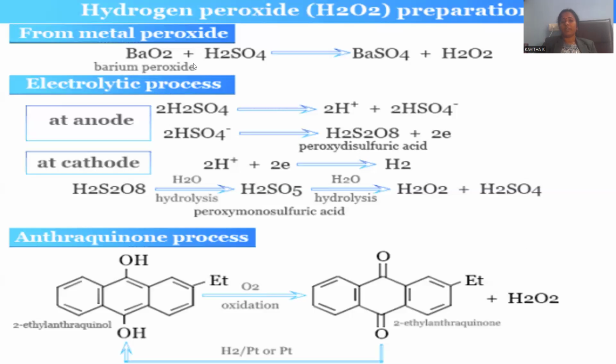One is the reaction of sulfuric acid with barium peroxide, which gives hydrogen peroxide, then the electrolytic process of sulfuric acid, and finally there is a formation of this hydrogen peroxide. Anthraquinone, upon oxidation with oxygen in the presence of a platinum catalyst, gives rise to hydrogen peroxide.